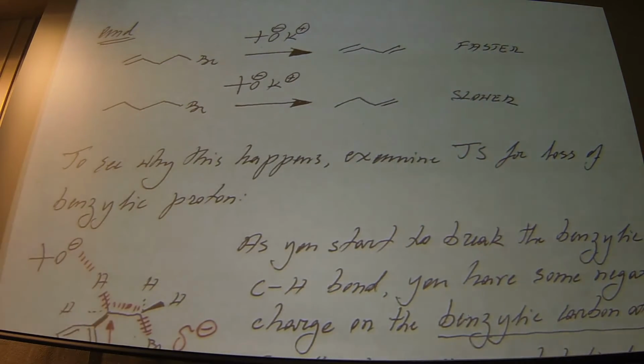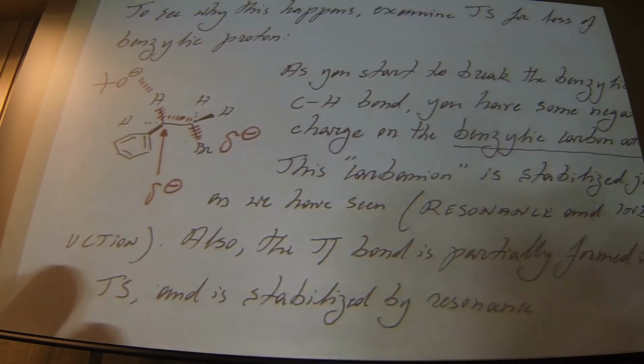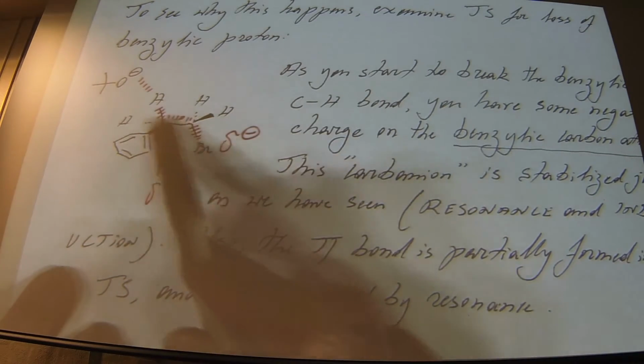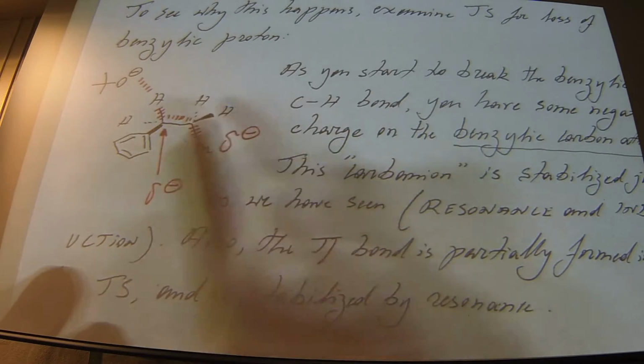So to see why this happens, given our discussion so far, you probably can already see why. You need to think about what's going on in the transition state. Now remember the transition state for an E2. That was trans and anti: you have to have the beta proton on one side, the leaving group on the other, all coplanar and so on. So it looks sort of like this, where you have a hydrogen, carbon, carbon, bromine in the plane of the paper, and then everything else.